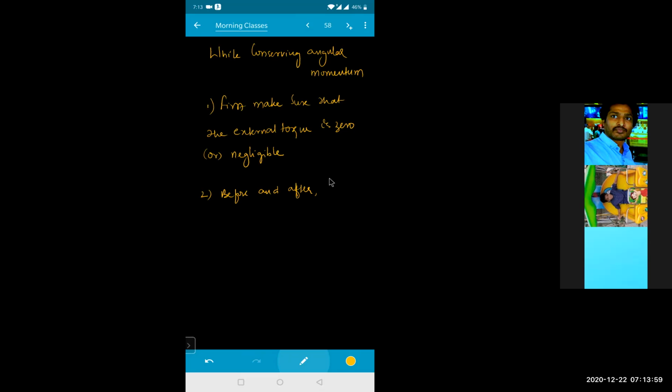take the angular momentum about the same axis.